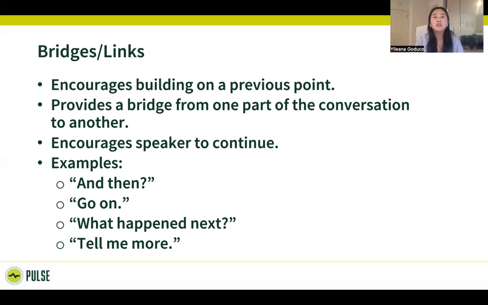Encourage the individual to build on a previous point they had just brought up. Say things like, what happened next? And then what? Tell me more. These are classic and common things we think of naturally to say, but sometimes in a peer educator environment, we're so focused on letting them have the floor for sharing that we can forget we are active listeners in this process.